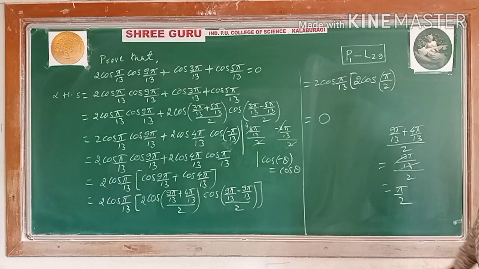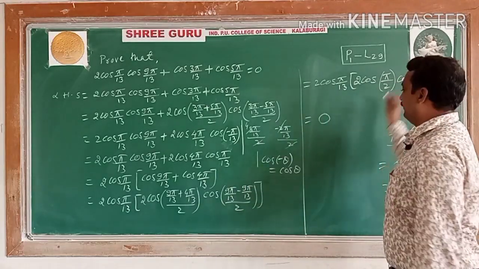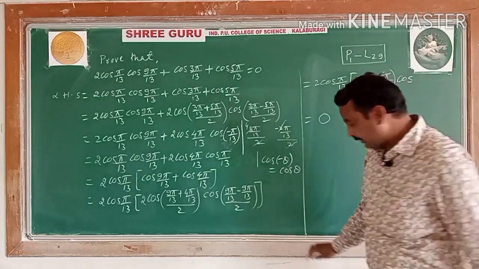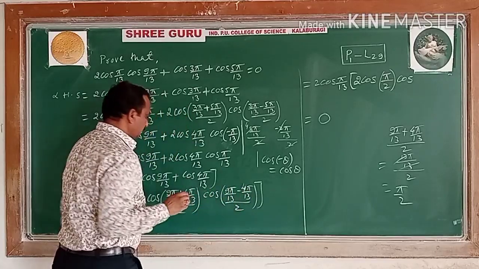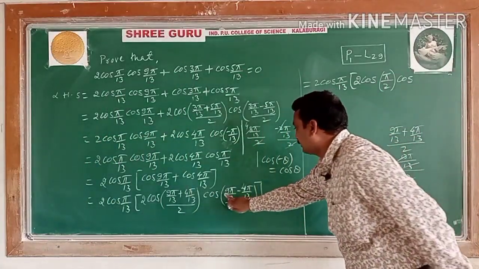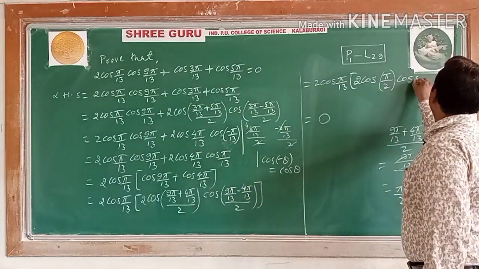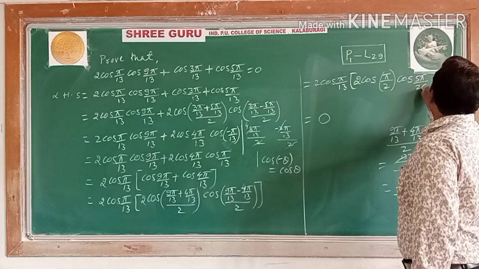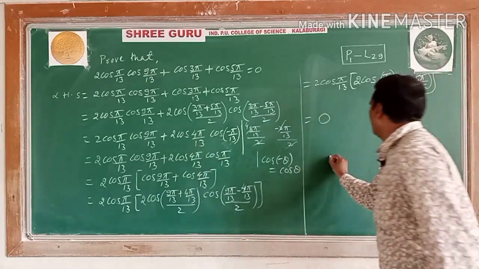Cos of pi by 2 remains. And this also simplify here. Cos of 9 pi by 13 minus 4 pi by 13, how much it is? 13 LCM here, 5 pi by 13 divided by 2, it is 5 pi by 26, no problem.